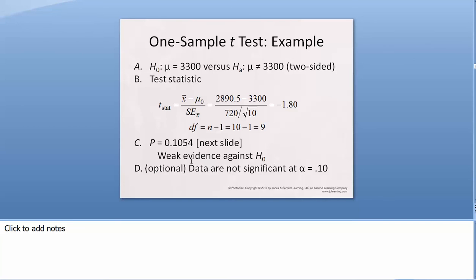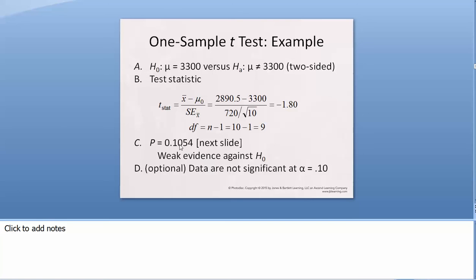Now if you compare this with a traditional alpha of 0.10, this p-value is slightly larger than that. Yes, I think p of 0.105 is correct, I just checked.